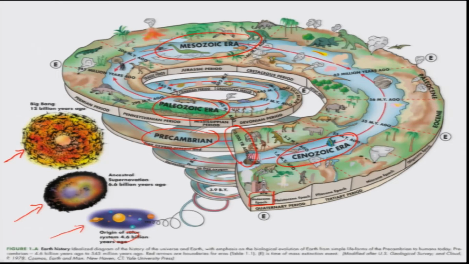This one is the most well known because of the extinction which happened here during the Jurassic period, the extinction of the dinosaurs and all that. So many events occurred during this overall period right up to the Cenozoic era, and that's how the earth evolved.